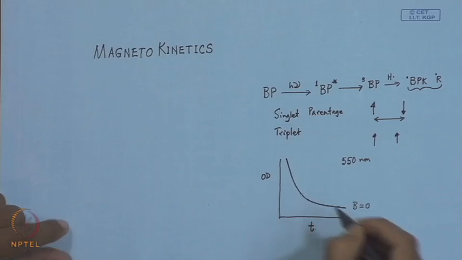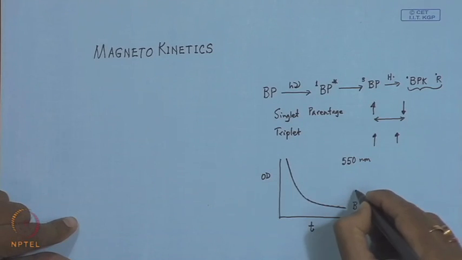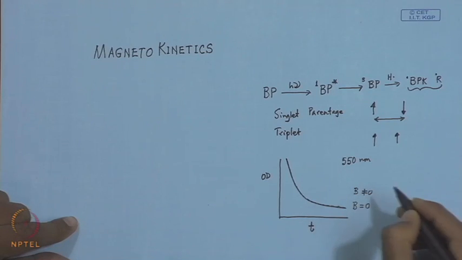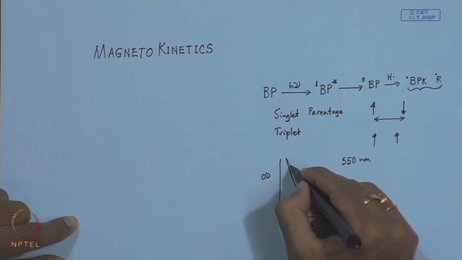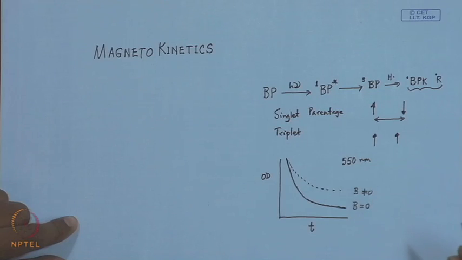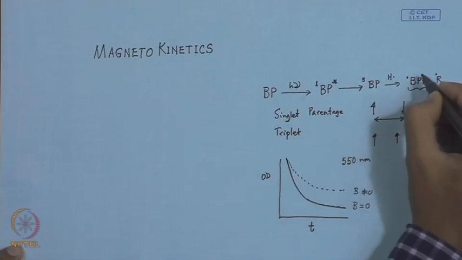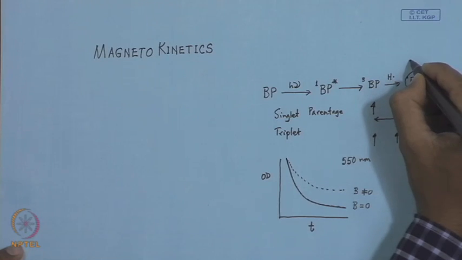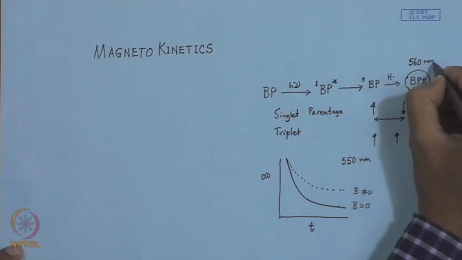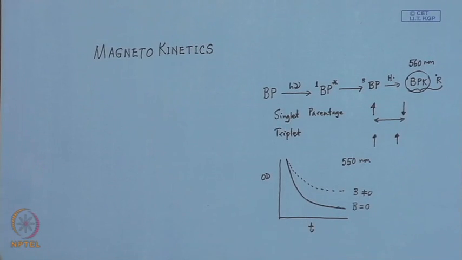What has been found is that in the presence of an external magnetic field, that is B not equal to 0, a static magnetic field, the decay kinetics of this BPK, because you are monitoring your ketyl at 550 nanometer, is found to get altered. So, why is this happening?